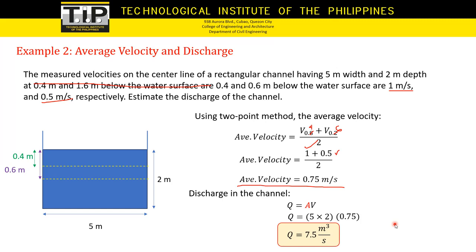So para ma-compute yung average velocity sa stream, ang ginagawa is ayan, 2-point average or 2-point method. So any question on this one?